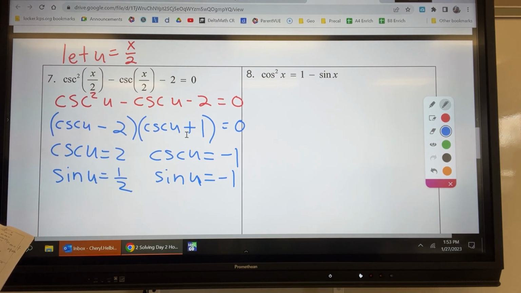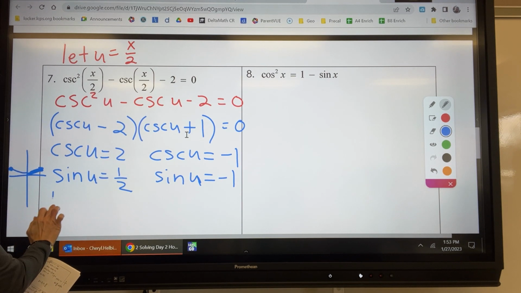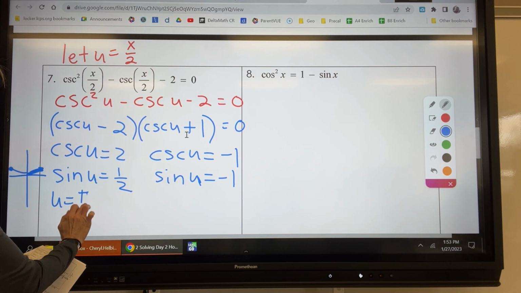We're getting there. All right, so where's the sine equal to 1/2? Boom, boom. Short angles, it's positive. So that's going to be here, right? Okay, so we've got u equals pi over 6.